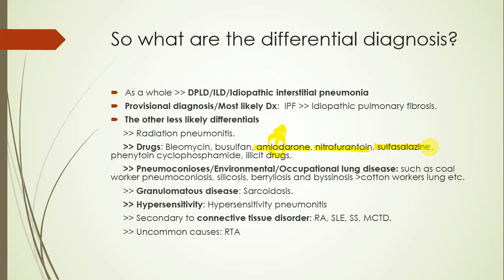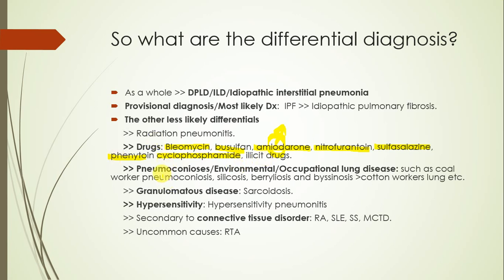Sulfasalazine, this is a DMARD or disease modifying antirheumatic drug. And there are some other drugs which are chemotherapeutic drugs, such as bleomycin, busulfan, etc. Phenytoin, which is an anti-epileptic agent. Cyclophosphamide, which is an immunosuppressant.